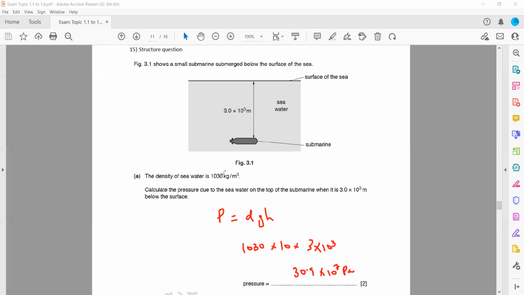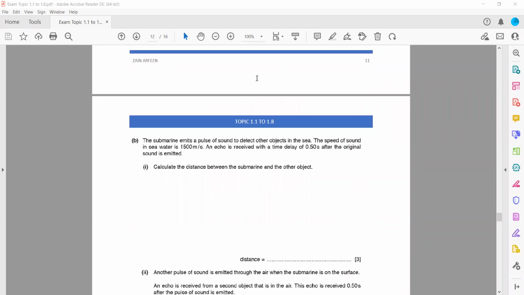In some questions, density is given in gram per centimeter cube, so you have to convert it into kilogram per meter cube. Remember, to convert gram per centimeter cube to kilogram per meter cube, we multiply by 1000. Even though it may appear that kilogram per meter cube is a larger unit, whenever we convert gram per centimeter cube to kilogram per meter cube, we multiply by 1000. Here we don't have to convert as the unit is already in kilogram per meter cube.